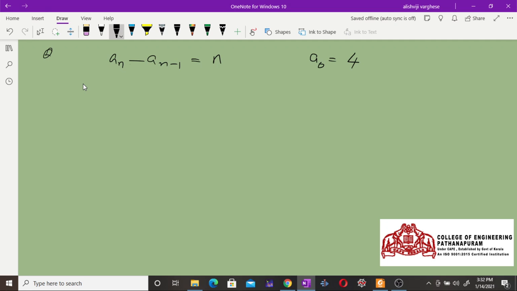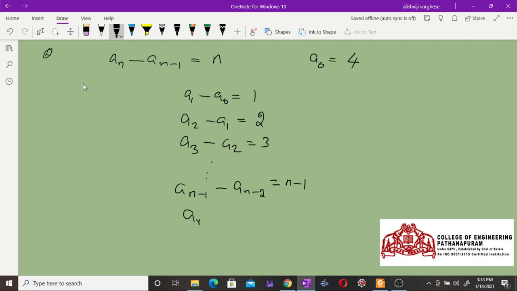That's the initial condition or initial value. We can write equations like a1 minus a naught is equal to 1, a2 minus a1 is equal to 2, a3 minus a2 is equal to 3, and so on, an minus 1 minus an minus 2 is equal to n minus 1, an minus an minus 1 is equal to n.